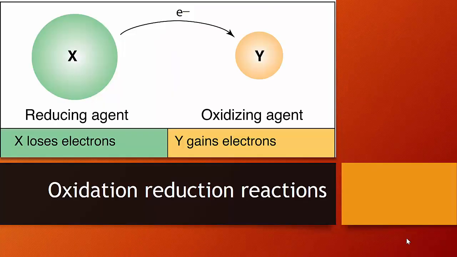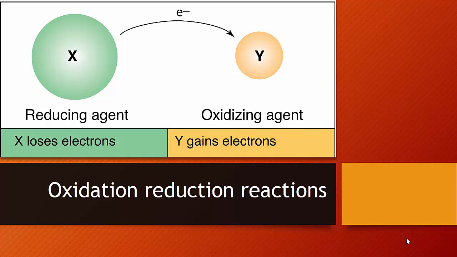Now, cellular respiration and combustion, these reactions are both what are called oxidation reduction reactions, or redox for short. What's happening is that you have a transfer of electrons, and the difference between combustion and cellular respiration is the way that electron transfer happens.